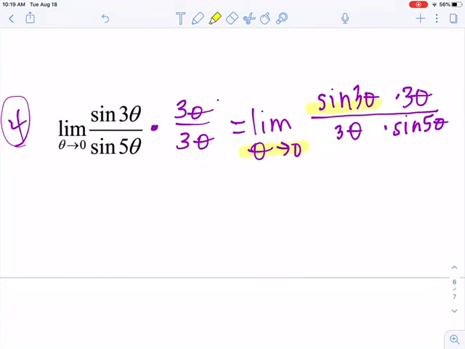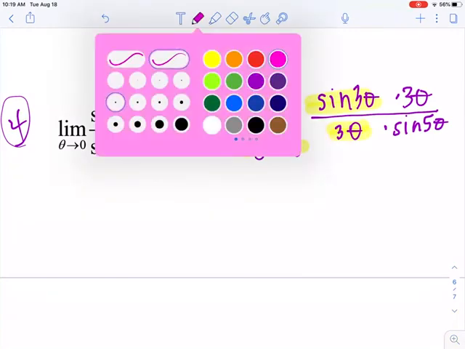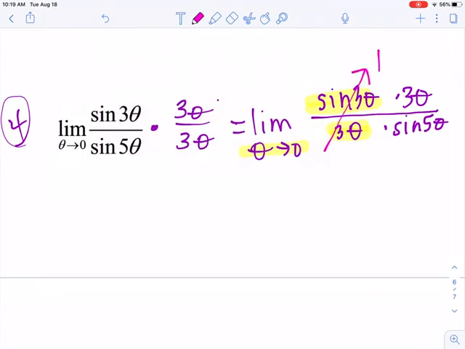Okay, now we have our special limit. We're going towards 0, and we have sine of 3 theta over 3 theta. So we know that this limit right here goes to 1. And now we're left with the limit as theta approaches 0 of 3 theta over sine of 5 theta.